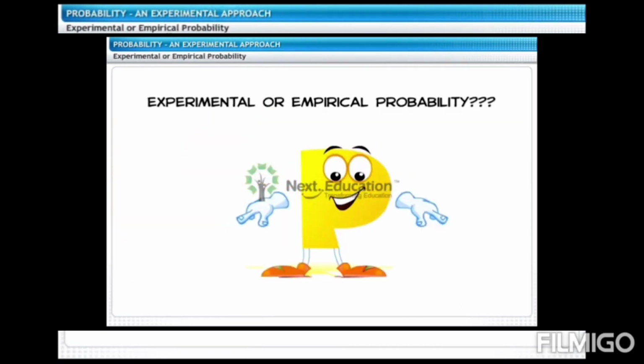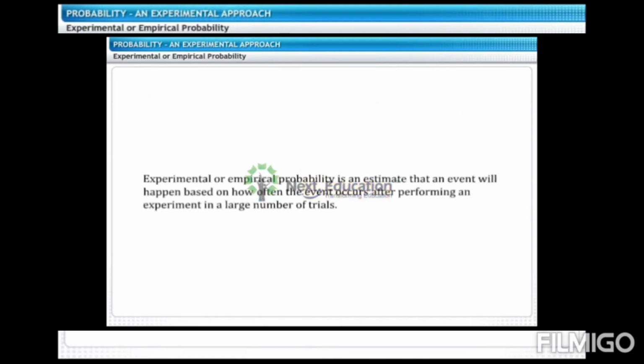Now, let's understand the term experimental or empirical probability. Experimental or empirical probability is an estimate that an event will happen based on how often the event occurs after performing an experiment in a large number of trials.